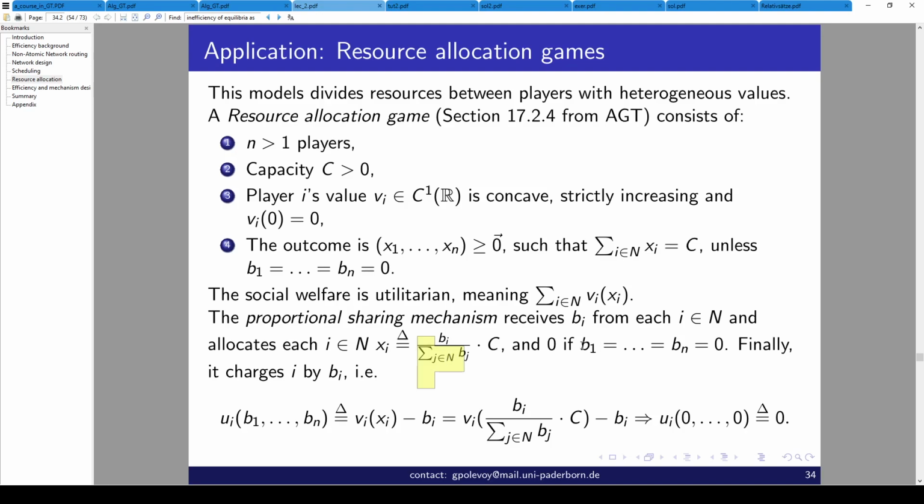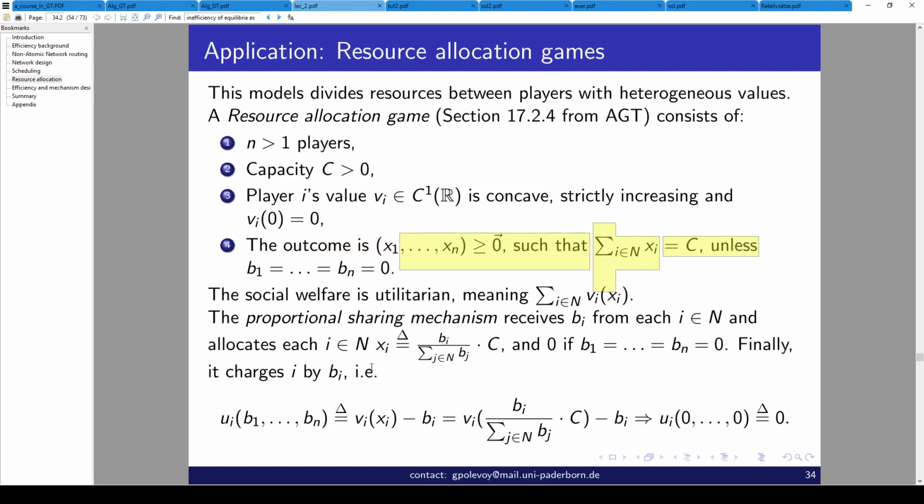So in that case, we just assume that everyone gets 0. Therefore, I allowed for an outcome which does not use the whole capacity when everyone bids 0.